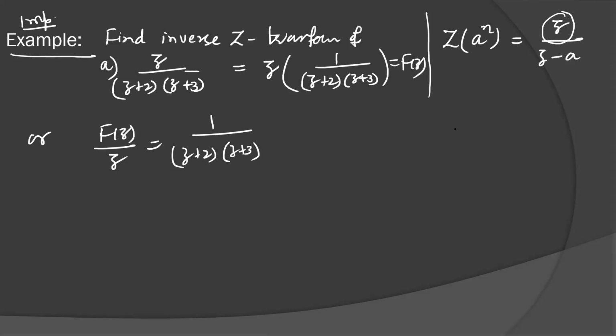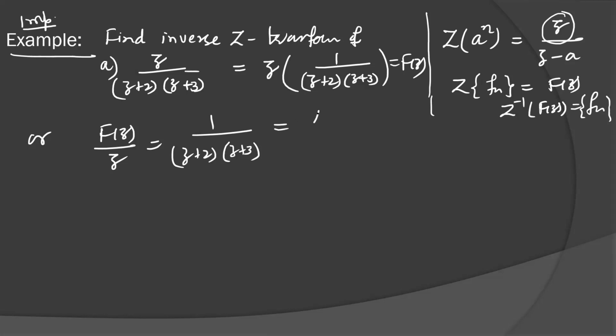Because we want the inverse transformation of F(z), I told you the Z of the f(n) sequence is F(z), then the Z inverse of F(z) will be the f(n) sequence only. So I am taking F(z)/z because we can send z to the right-hand side, so we will get z in the numerator always, because it is important to keep z in the numerator as it is present in every formula.